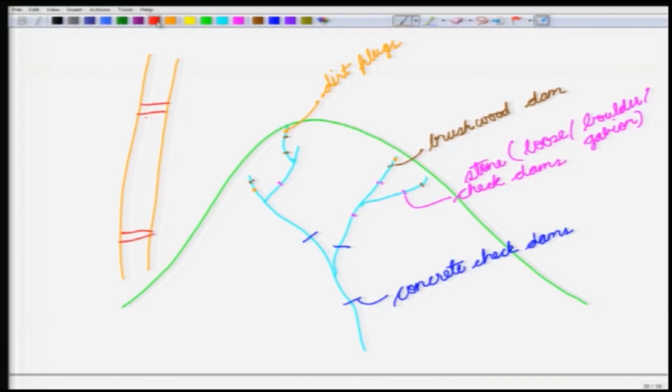So, in the rainy season, the water together with the sediments will come and collect at the first checkpoint. Whenever you are stopping the water flow, if water is flowing in this direction and you have put up a stop here, the speed reduces when the water touches this dam, and when the speed of the water reduces, its ability to carry the sediments also reduces.